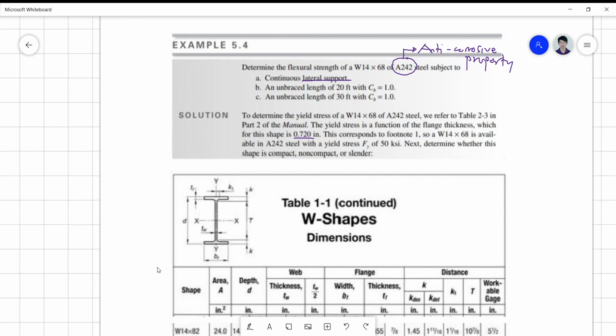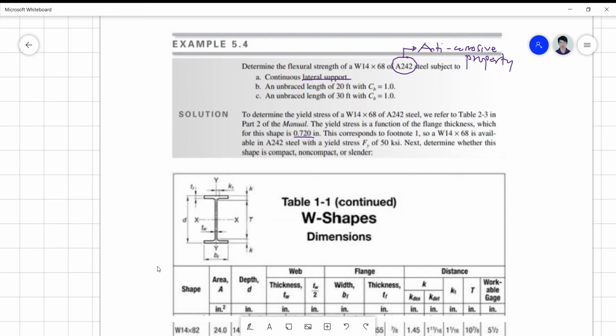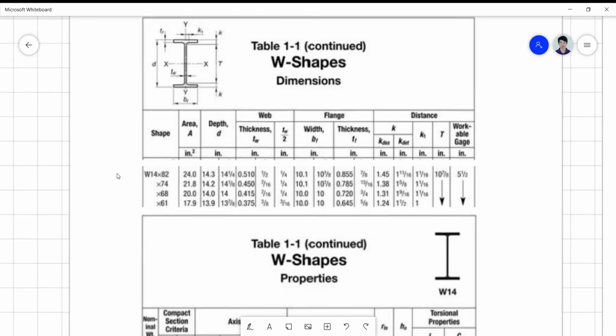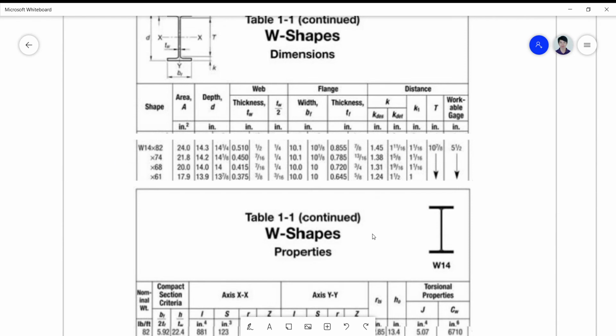So we collect the needed properties, or extract the properties given from the table. This is W14x68.